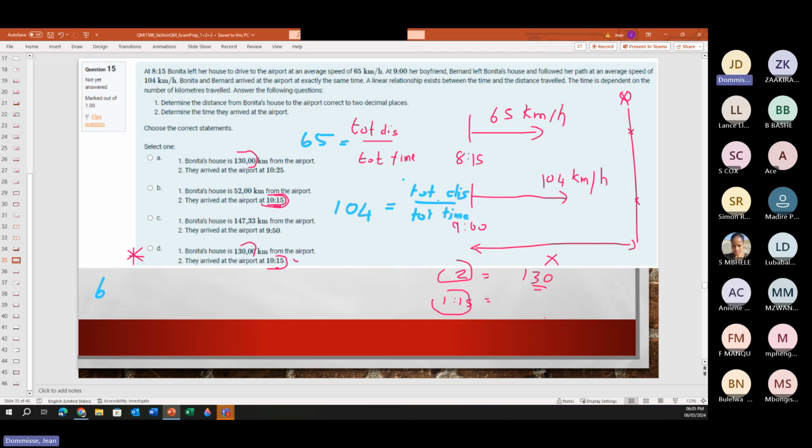Okay, we know that the total distances are the same, so let's just rewrite as total distance is total time times the average.